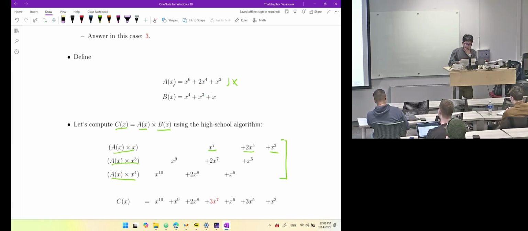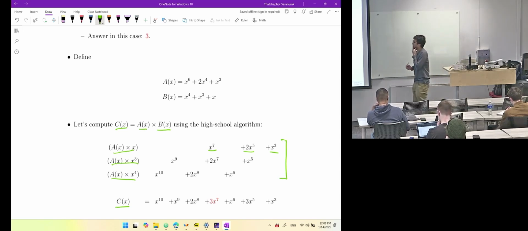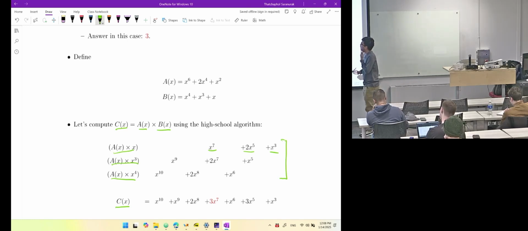Now you get this polynomial, but you can observe that if I want to know how many ways I can get the number 7 from these two sets, I can also look at the coefficient of x to the 7 in this polynomial C. It's going to be exactly 3, the number of ways to add them to get 7.